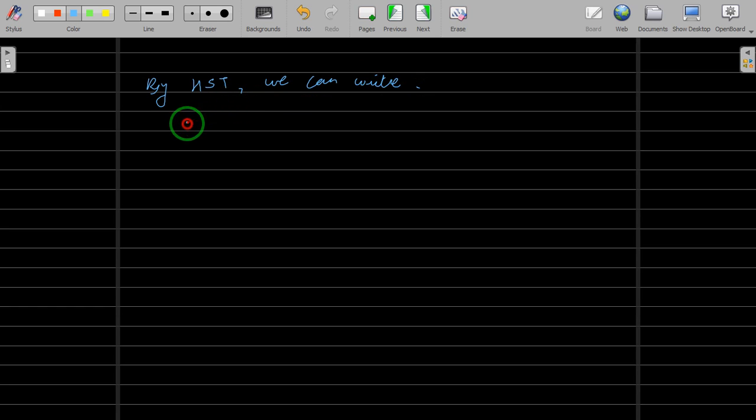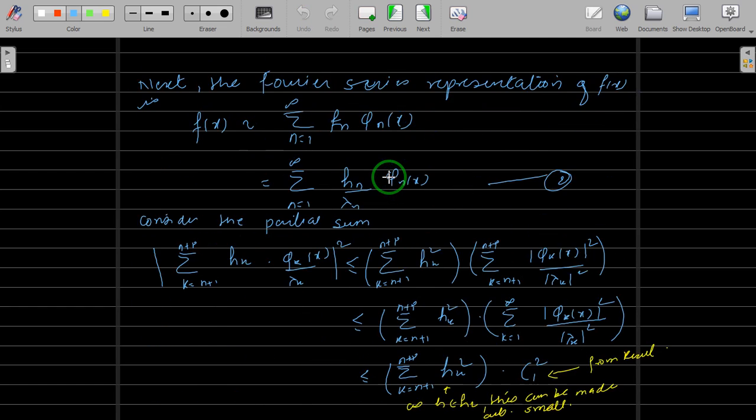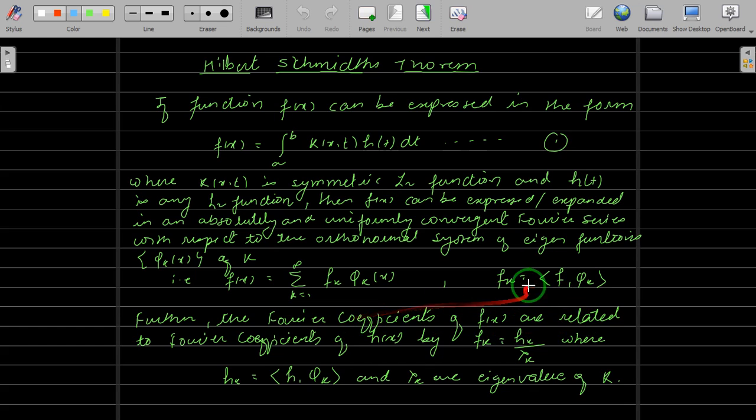So we can write the left-hand side, the function y(x) minus f(x), as a series, summation k from 1 to infinity, some constant c_k times phi_k of x, where we know this c_k is, if you compare this with the Hilbert-Schmidt theorem, the inner product of h, which is y minus f, with phi_k.